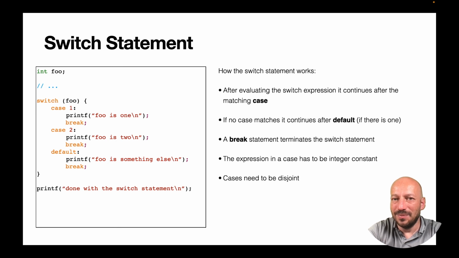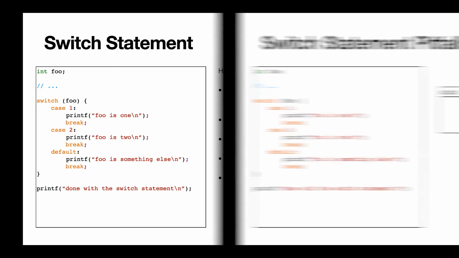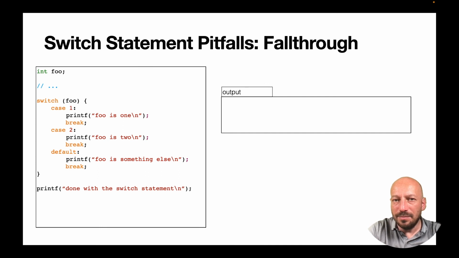And now we come to the pitfalls. The most common pitfall is a forgotten break statement inside of a switch statement. Let's change the example so that we know foo has the value 1. That means the program execution continues after this case 1 label with the printf statement, and after that all following statements will be executed until either the end of the switch statement is reached or a break statement gets executed.